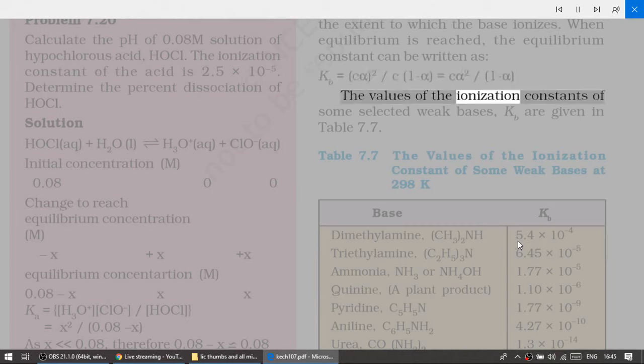The values of the ionization constants of some selected weak bases, Kb, are given in Table 7.7.